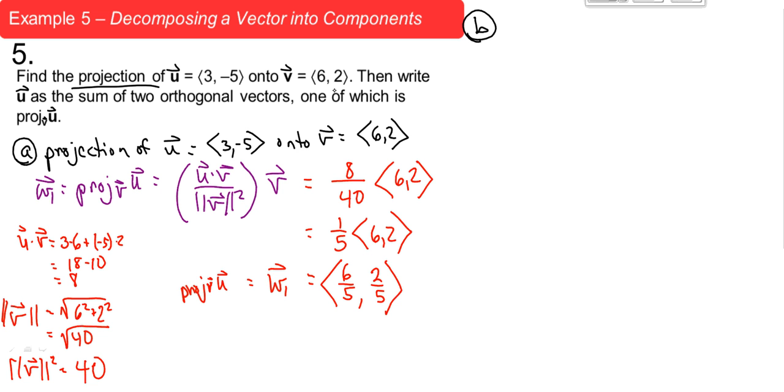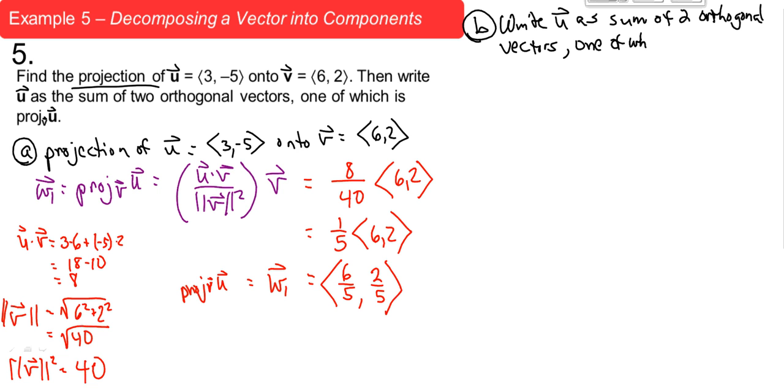And so I'm going to write myself a directive: write vector u as the sum of two orthogonal vectors, one of which is the projection of u onto v, and I'm just going to write equals W1 so that I just kind of know that.